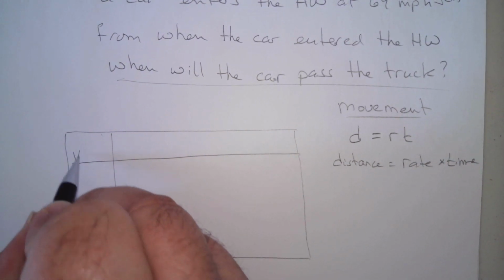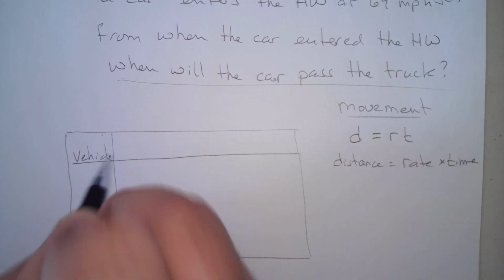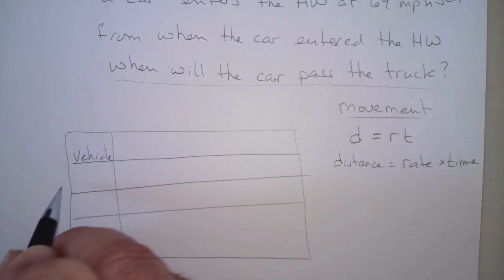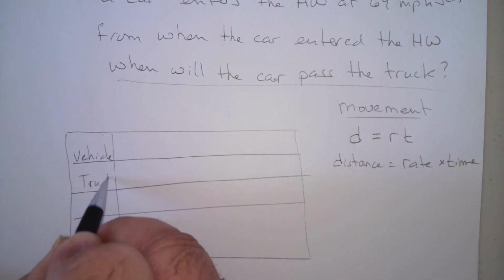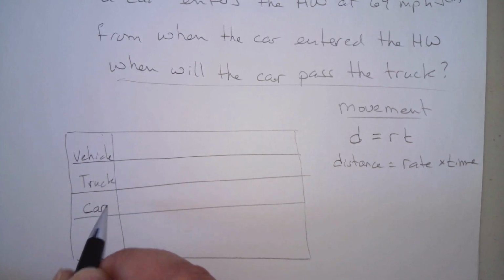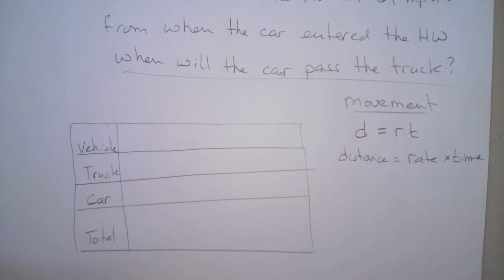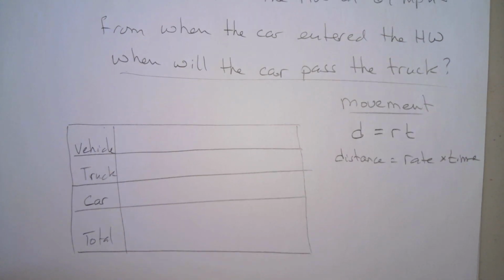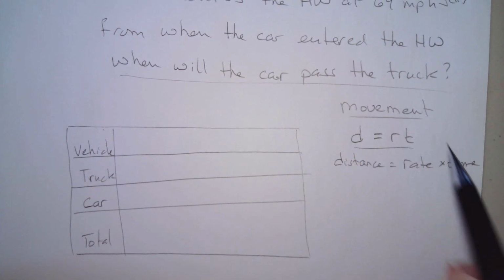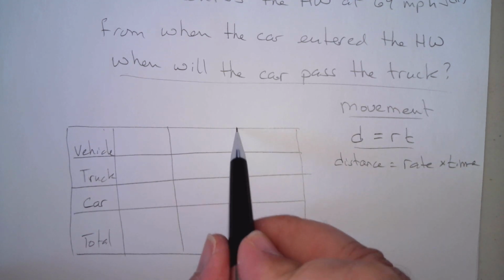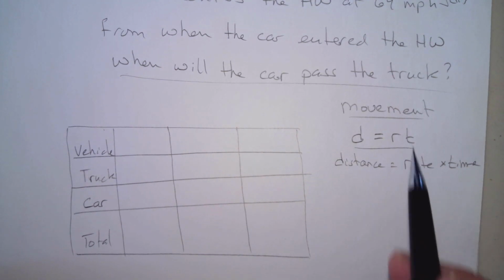Okay, here we'll call these the vehicles. We have a truck and a car. We'll call this the totals. We have to represent all of those variables.